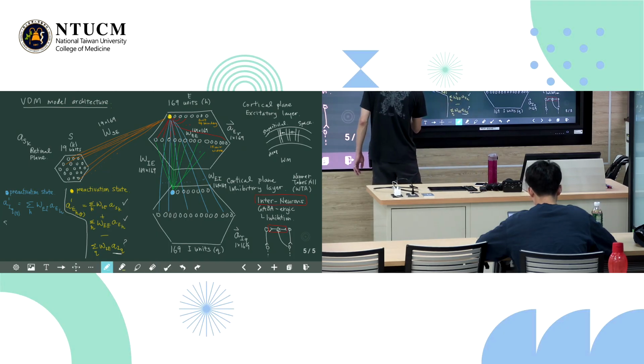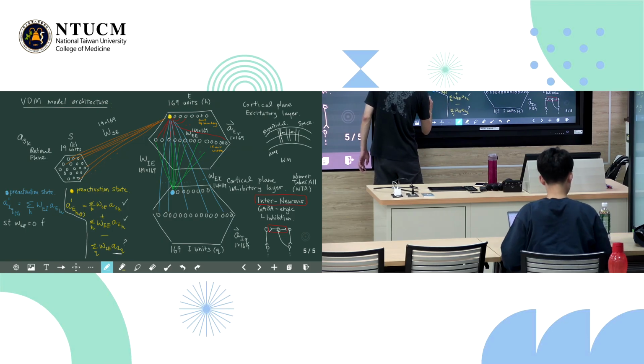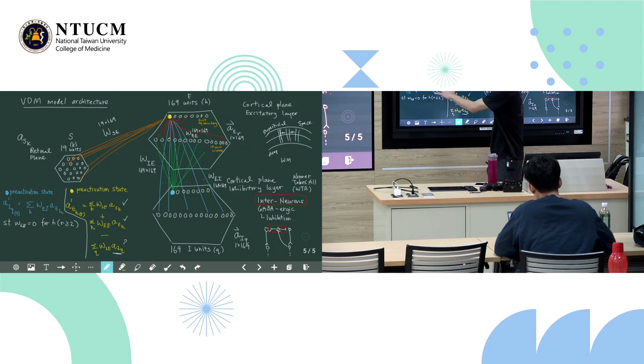Such that W E E is equal to 0 for R greater than 2. First, there's more, but let's unpack what this means.